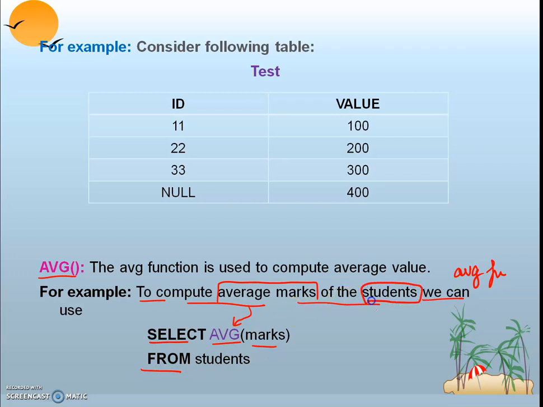Very simple. What you need as output, the average of marks, you put in the select command as AVG of marks, followed by the FROM statement where the table name is student, and the WHERE clause has no condition according to the query.